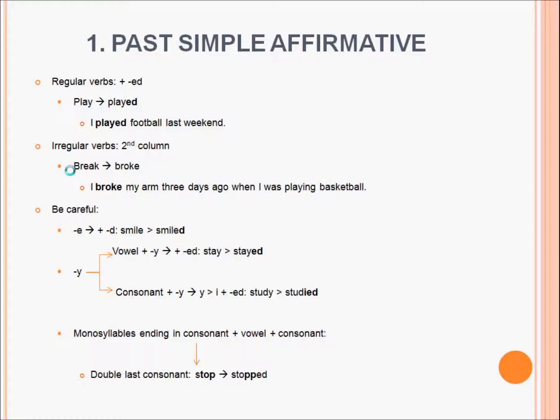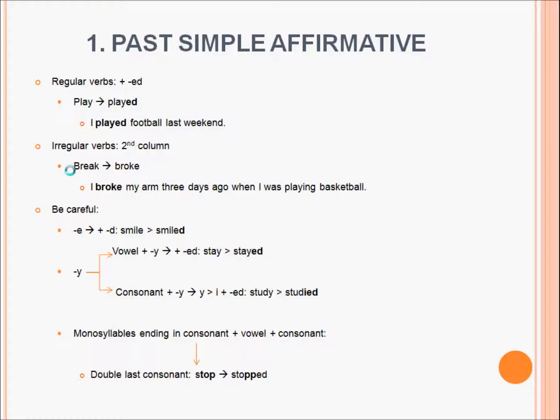The verbs ending in e, we have to add just a d. From smile, we add a d, smiled. If the verb ends in y, we have to take into account 2 ways of forming the past simple form.